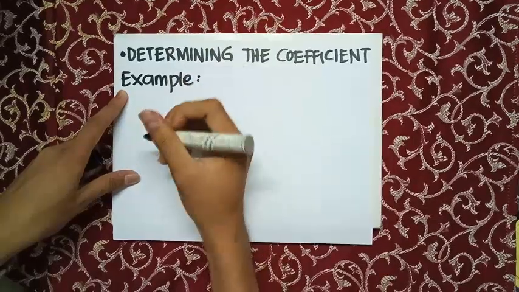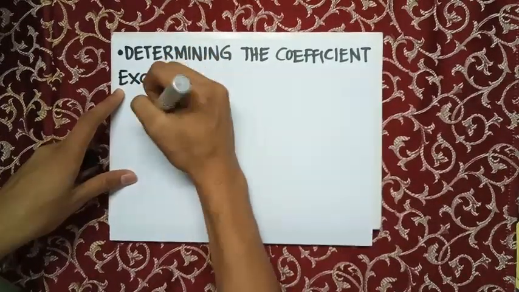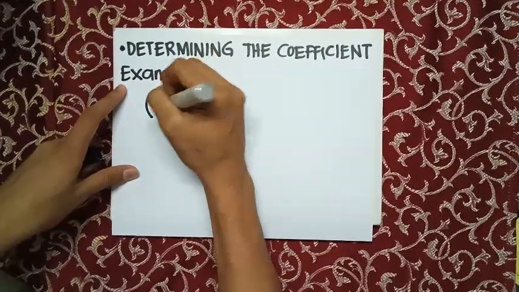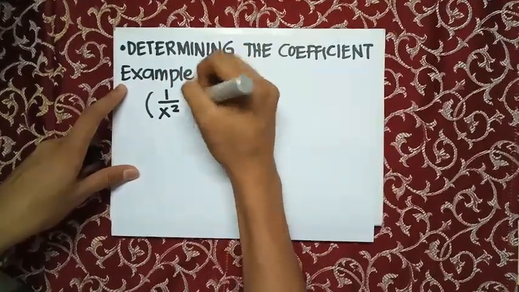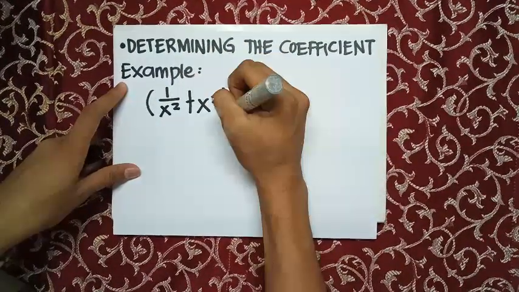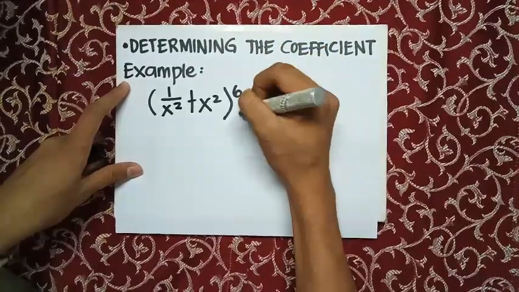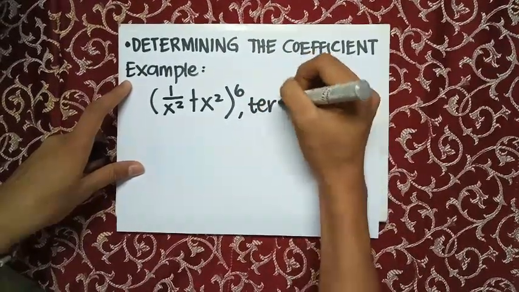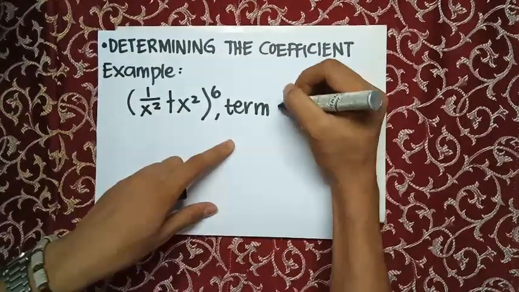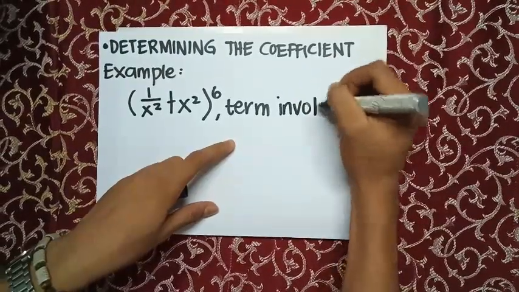Example: quantity 1 over x squared plus x squared raised to 6. And we are going to find the term involving x raised to 4.